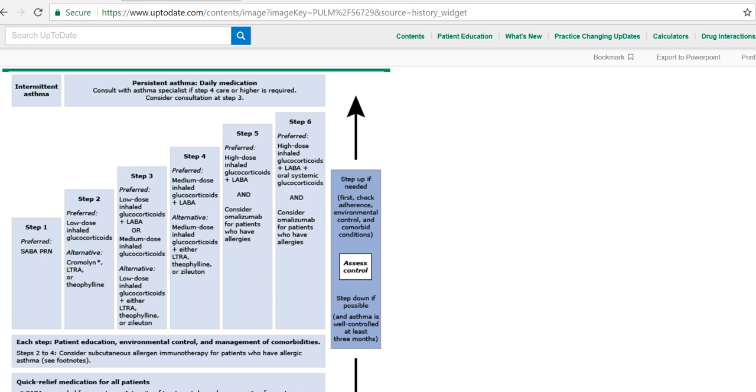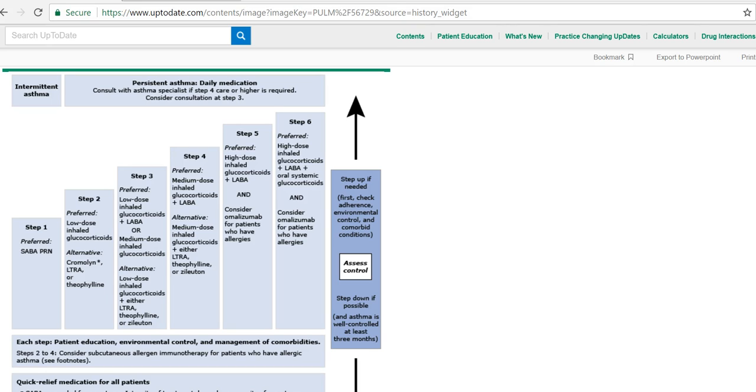So as we get into step 2, those are our patients that we're going to have. They're going to be on their SABA PRN. That just carries over. Everybody's on a PRN SABA. They're going to have low-dose inhaled glucocorticoids.